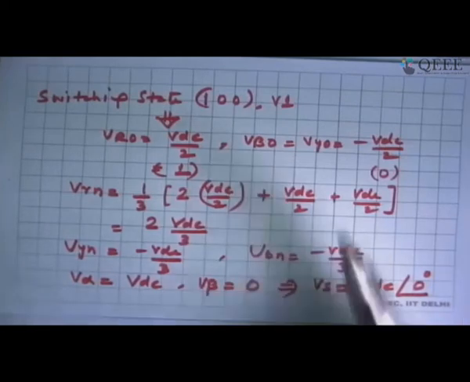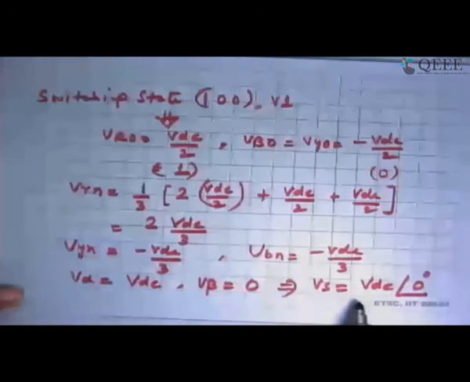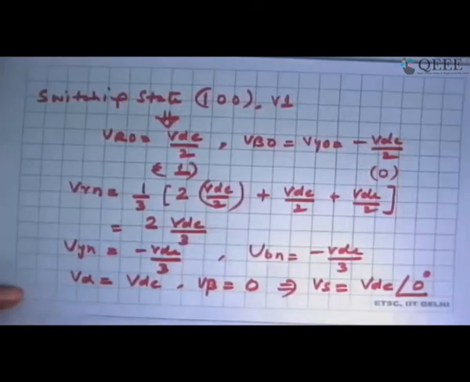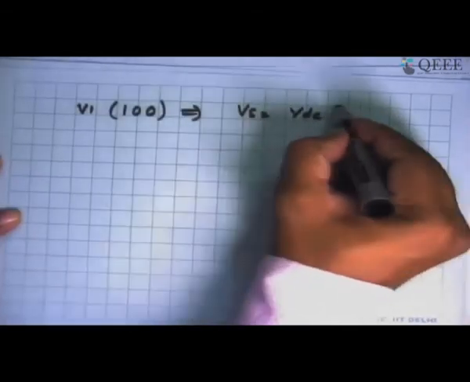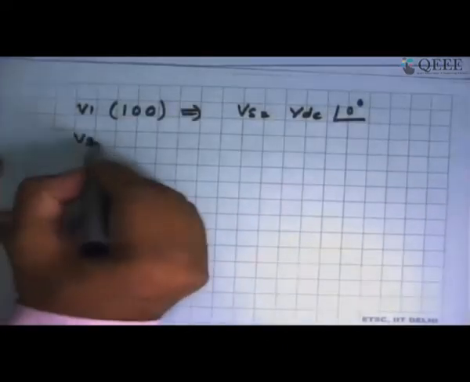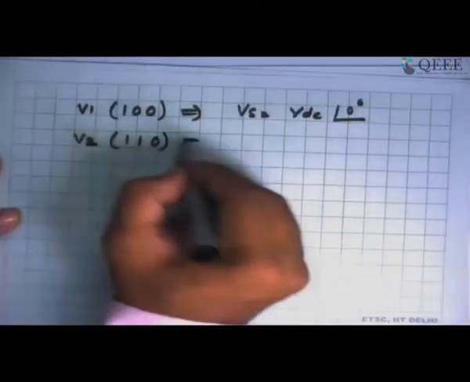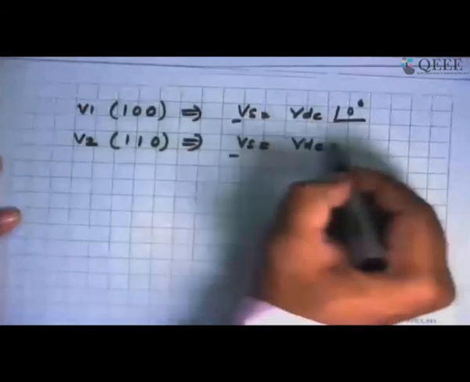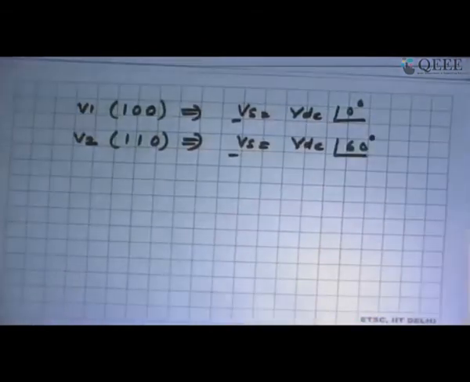Therefore, you can say that the switching state V1 means space vector Vs equals Vdc angle 0.